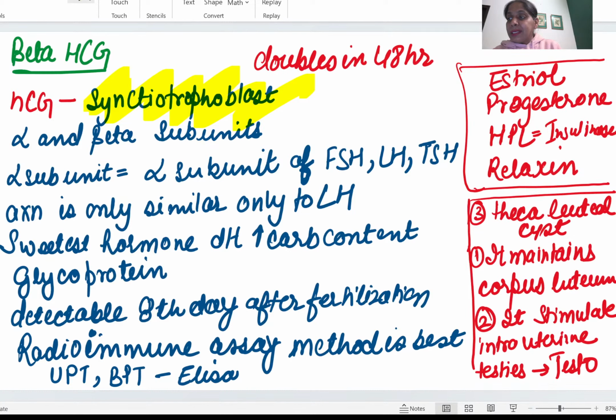The cytotrophoblast synthesizes the villi, and the syncytiotrophoblast is the hormone factory. It synthesizes each and every hormone, whether it is HCG or HPL.